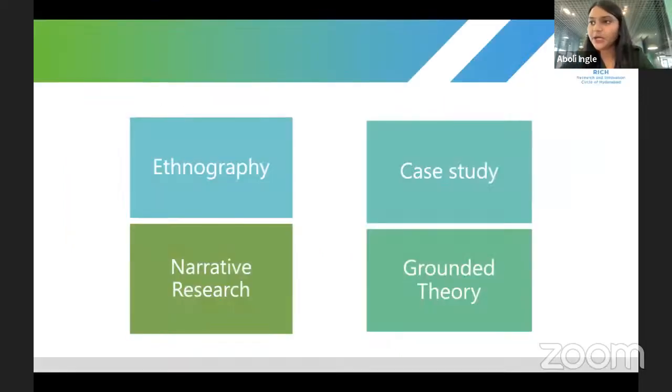And moving forward is ethnography. This approach involves studying the culture or the social behavior of a group. For example, if you want to understand the social behavior of any particular group, may that be a tribe or so, the researcher will go and participate in the daily activities of these individuals.